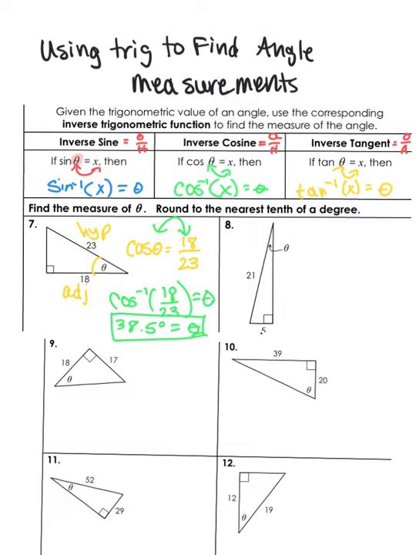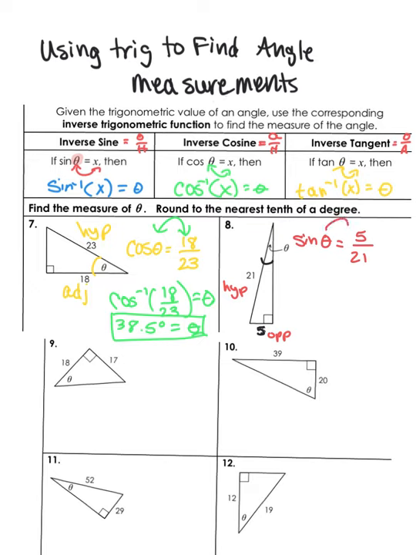For my next problem, I have, that number's 5 right there, I kind of cut it off. I'm going to go ahead and label my triangle with opposite, adjacent, and hypotenuse. So 5 is the opposite, 21 is the hypotenuse, and if I look, I find that the sine is the opposite over the hypotenuse. So the sine of theta is equal to the opposite over the hypotenuse.